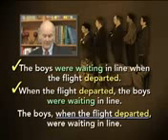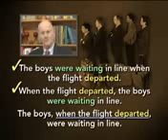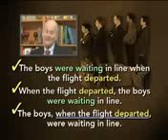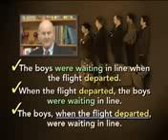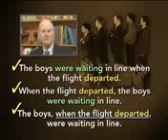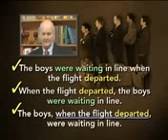When the flight departed, the boys were waiting in line. Okay? And the third sentence is the most abnormal of all because, as I said, the adverb clause is put right in between the sentence.